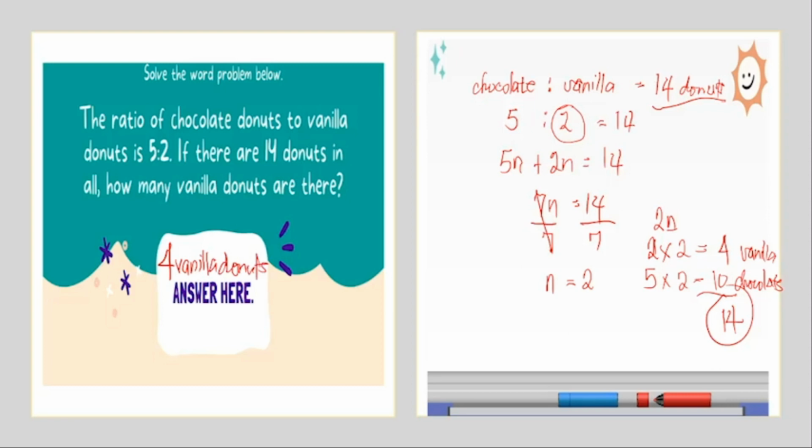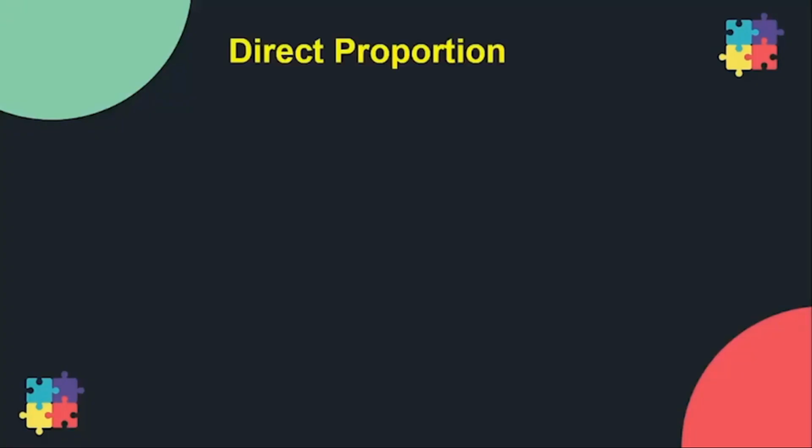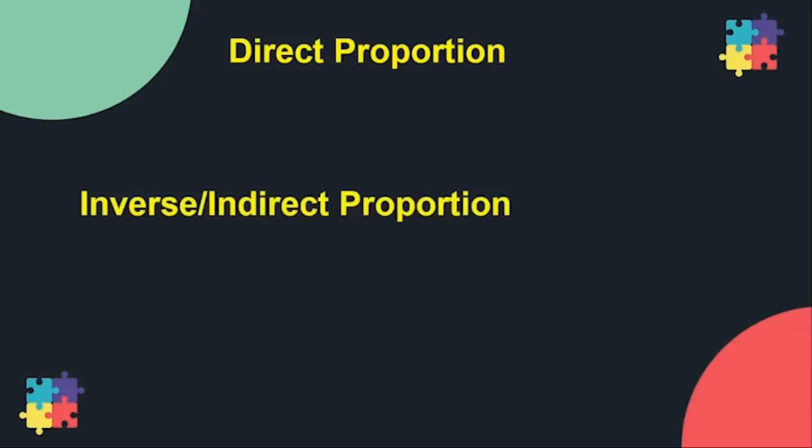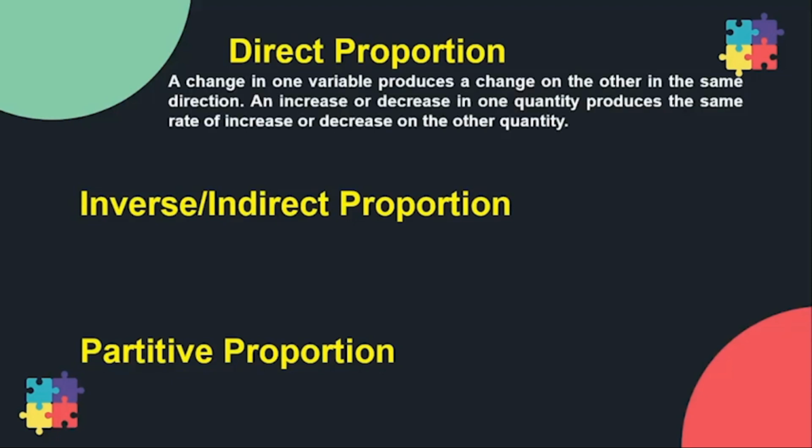So hope you learned something from my discussion. So to sum it up, let's generalize all the discussions that we have. So we have three types of proportion, namely direct proportion, inverse or indirect proportion, and partitive proportion. When we say direct proportion, a change in one variable produces a change in the other in the same direction.